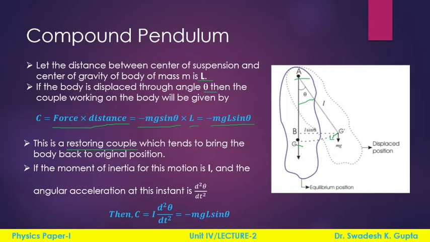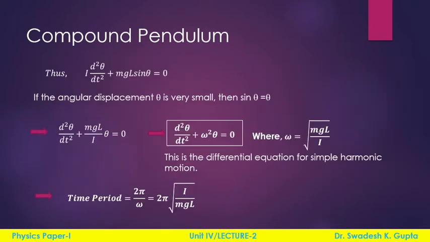Now if the moment of inertia of the body is capital I, and the angular acceleration at this instant is d2 theta by dt square, then from the equation of couple we know C is equal to I d2 theta upon dt square, and we know the value already, minus mgl sine theta. So if we solve this, we will get this equation.